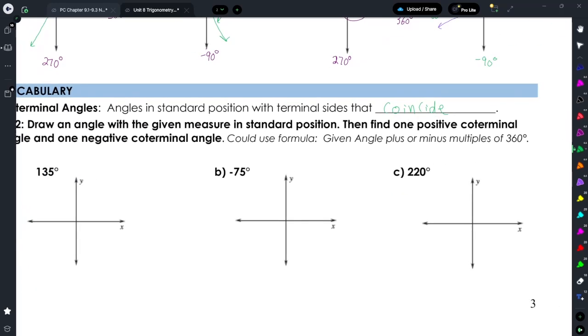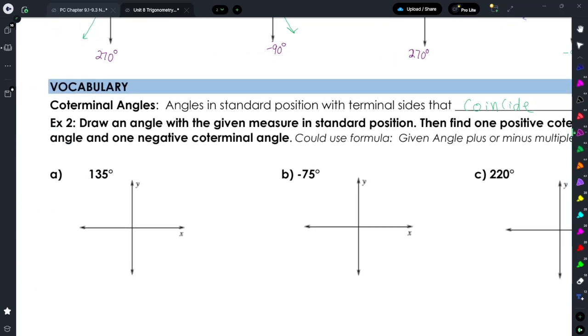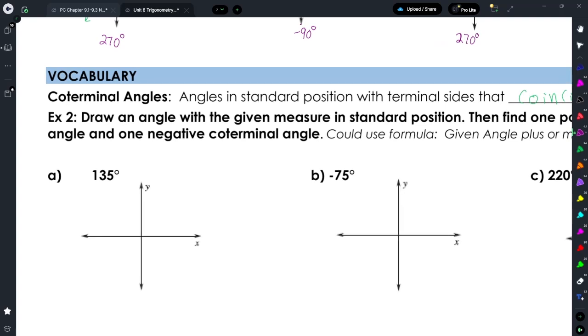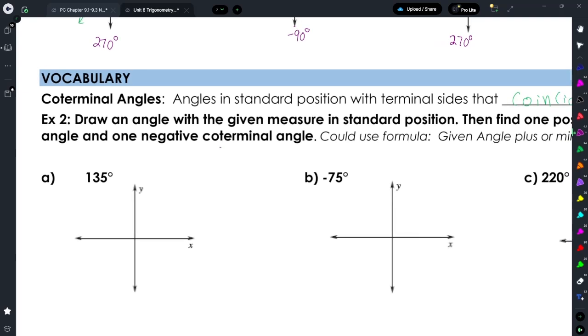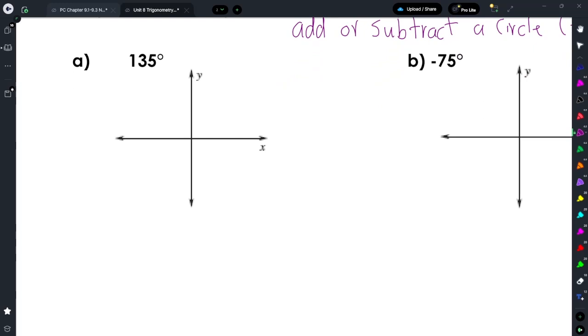So down here, we're going to draw the angles in standard position, and then we're going to find one positive and one negative coterminal angle. The way we do that is we're going to add or subtract a circle, which is 360 degrees. So let's draw these first. 135 degrees.